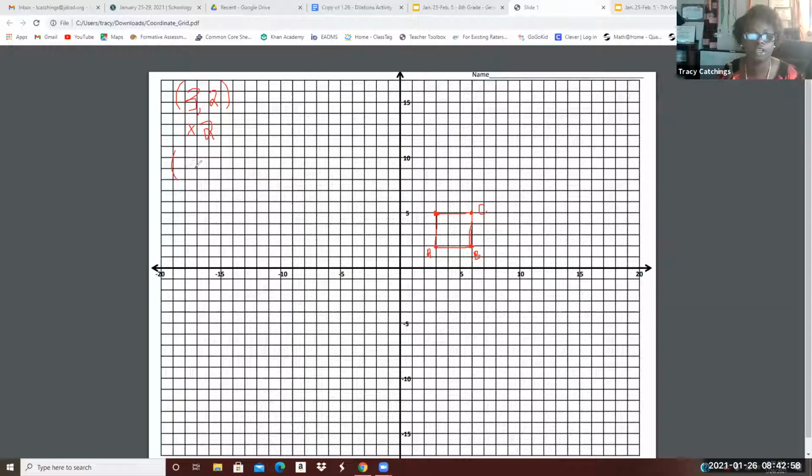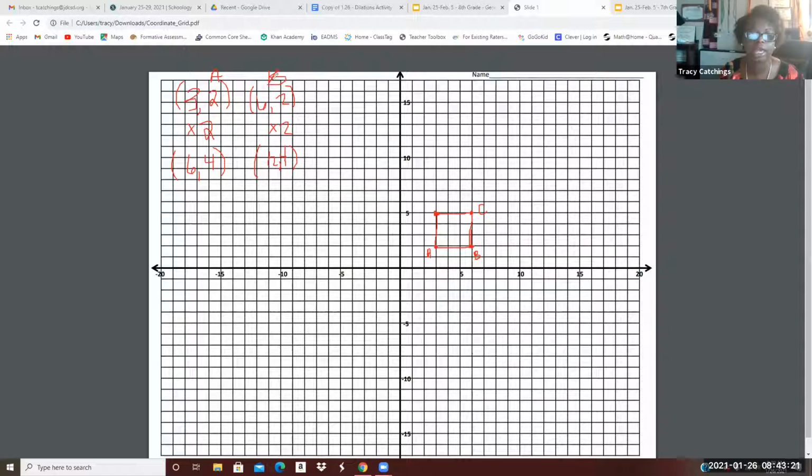Good job, 6, 4. All right, then look at B. B was at 6, 2. If we multiply it by the scale factor of 2, what are our new locations? 12, 4. Good job.